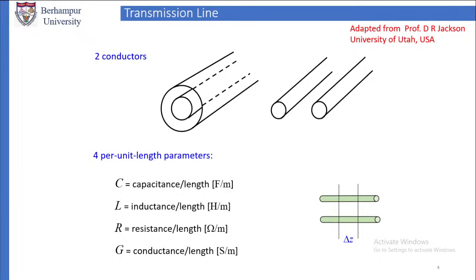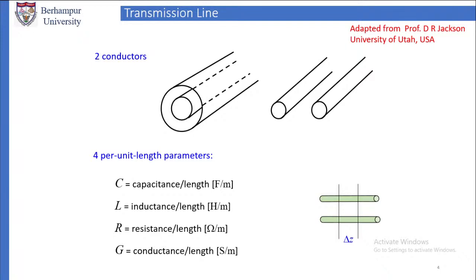That you should know. Then the other thing we are discussing is that the transmission line can be viewed as a distribution of electrical components like resistance, conductance, capacitance, and inductance. Now there are four per unit length parameters in the transmission line.